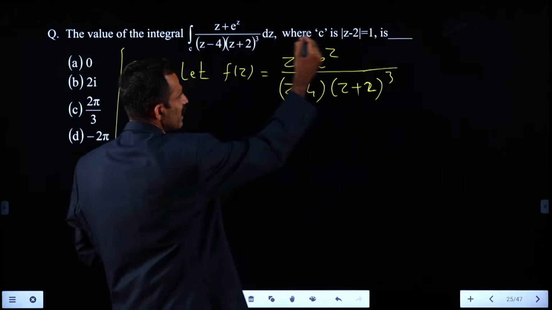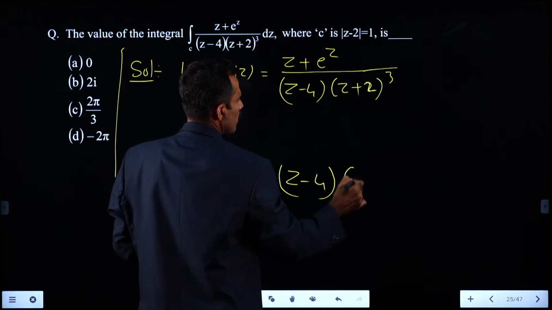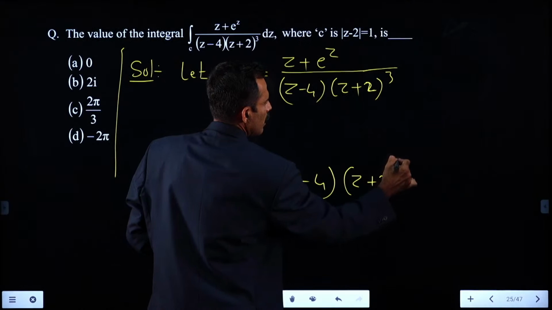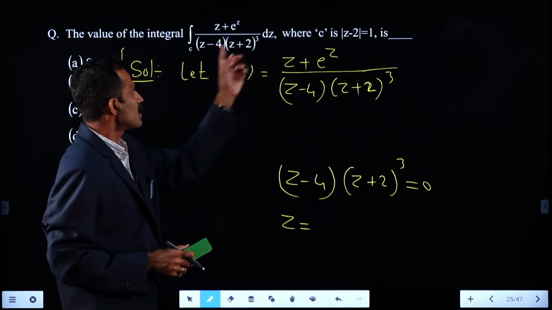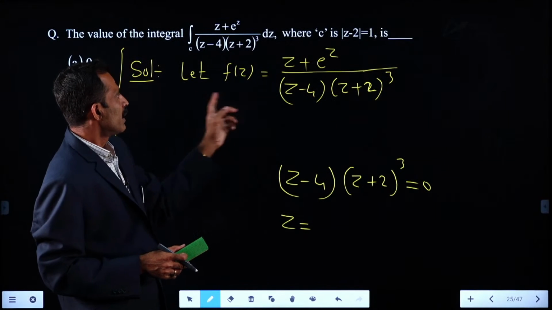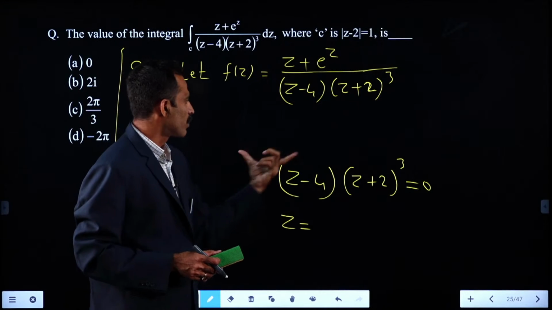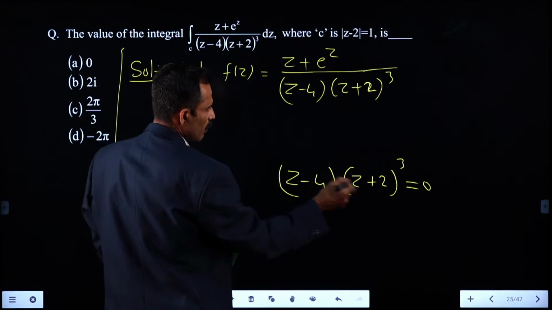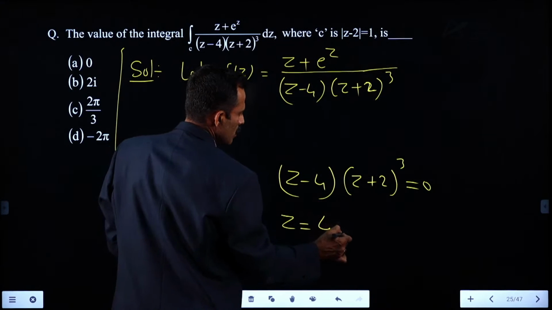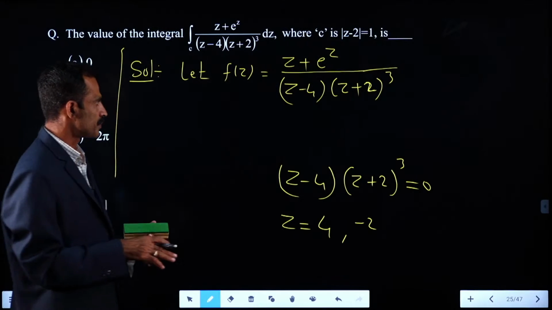Or, if you want to find the singular points of this function, simply equate the denominator function to 0 and solve for z. If you solve for z, this will give z equal to 4 and minus 2. These two are singular points of this function.